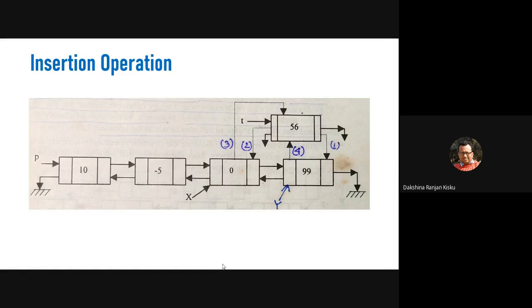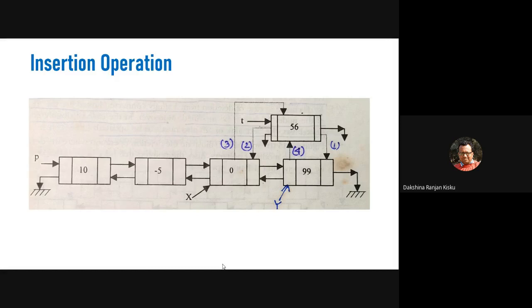So x right left will now point to the new node. We can write x right left equals to t. Now after updating these four pointers, the new node which is pointed to by t is found to be inserted in between the nodes which are pointed to by x and y.